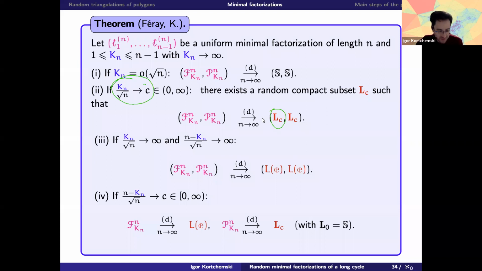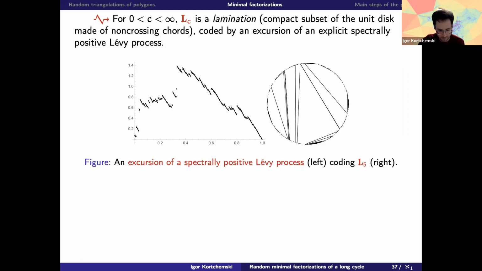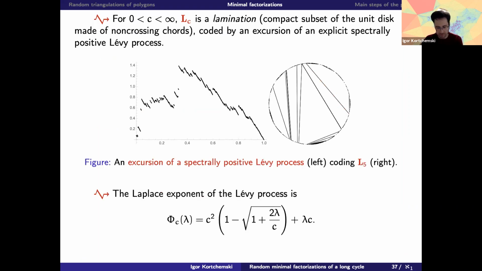So C is sort of a time parameter, which just tells you how many transpositions you read. And this Levy process, we explicitly find it. We compute explicitly its Laplace exponent.